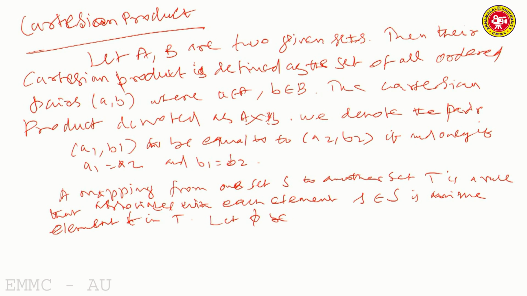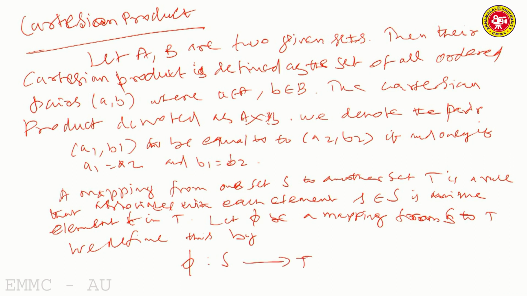Now let phi be a mapping from S into T. We often define this as phi such that S goes to T with the mapping phi, if the small t belonging to capital T is the image of s in capital S under the mapping phi.